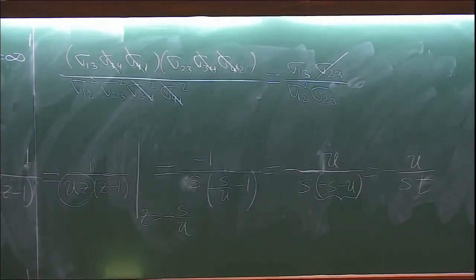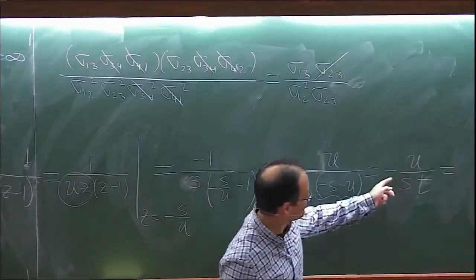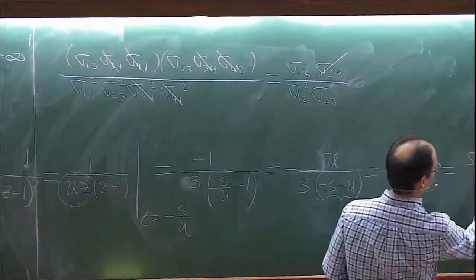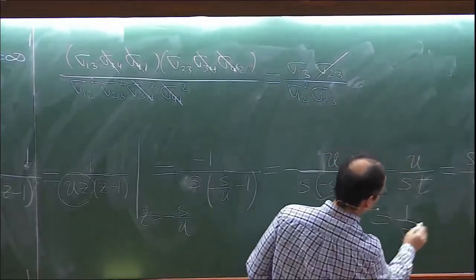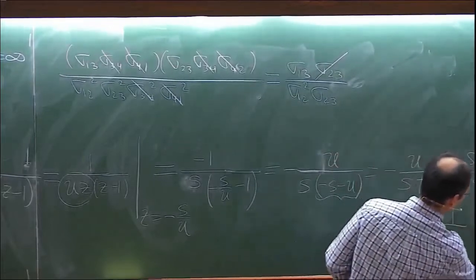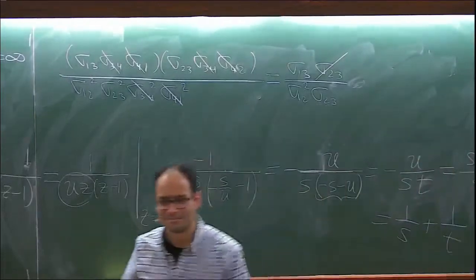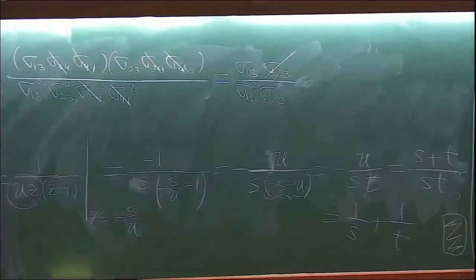Which one? There is no minus sign. Look, the answer is perfect. Here we got it. Now we use that minus u is s plus t over s times t. And done. You see? Very easy.